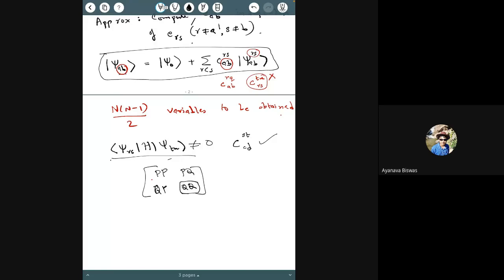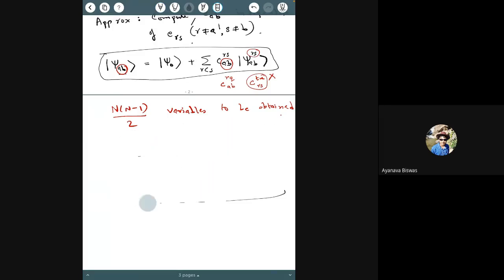Then the energy of this wave function, which is basically the expectation value of the independent electron pair wave function that we have taken, so you have psi 0 H psi 0, which is simply your Hartree-Fock energy, and the rest.